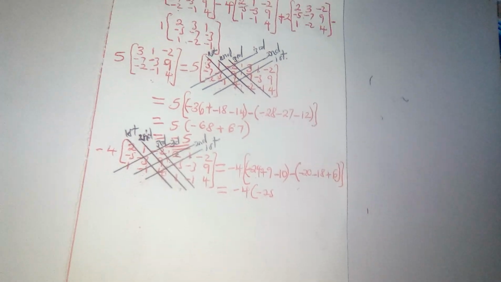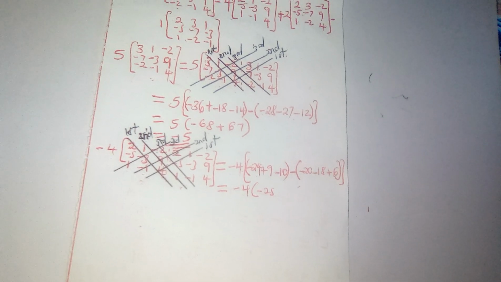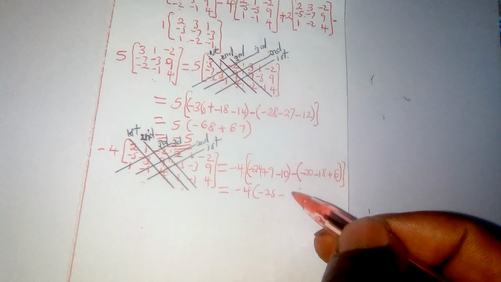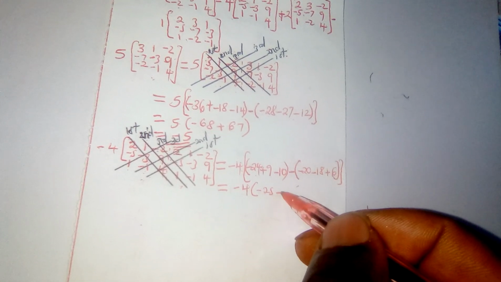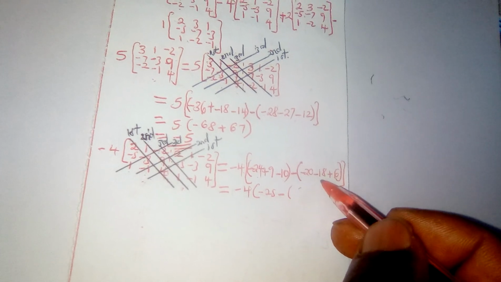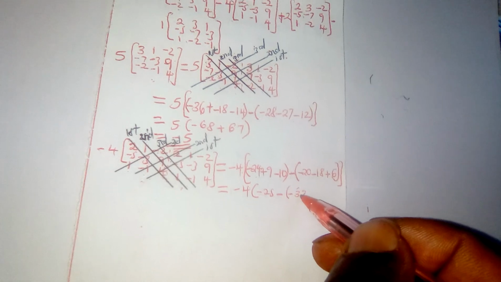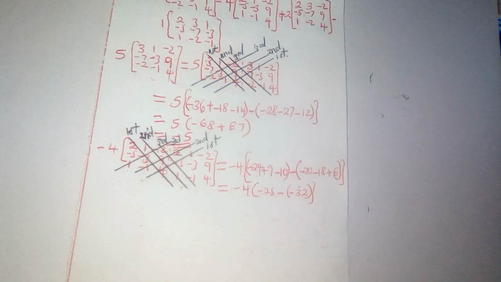When I come to this other side, I have negative 20, remember, then I subtract 18, finally I add 6. I'll end up by having negative 32. And remember, I have negative here, so this negative is what is here. But since I have gotten my bracket here to be negative 32, I must ensure that I include that negative. Then I now close that bracket.